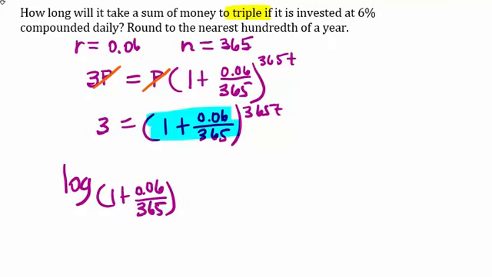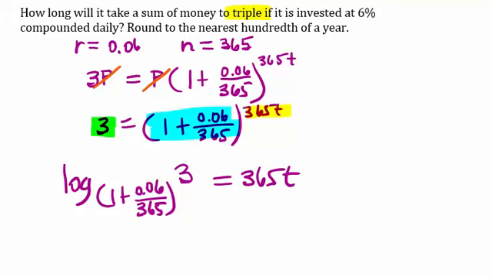Notice I didn't add the 1 and the 0.06 over 365 on my calculator, since we would end up rounding the decimal at some point, and so it's best to just leave it as an exact value for the base. And then the argument of the logarithm is the 3, and this is equal to the exponent, or 365t.